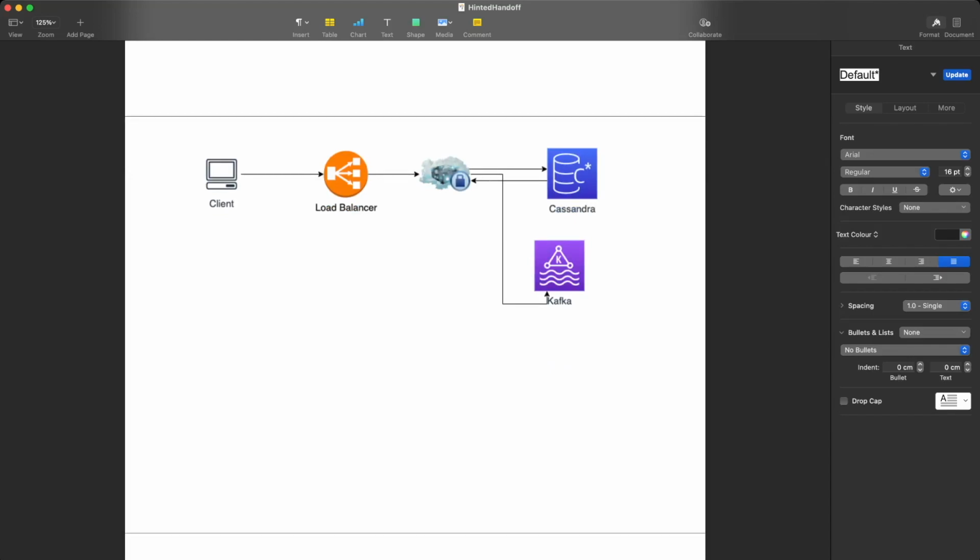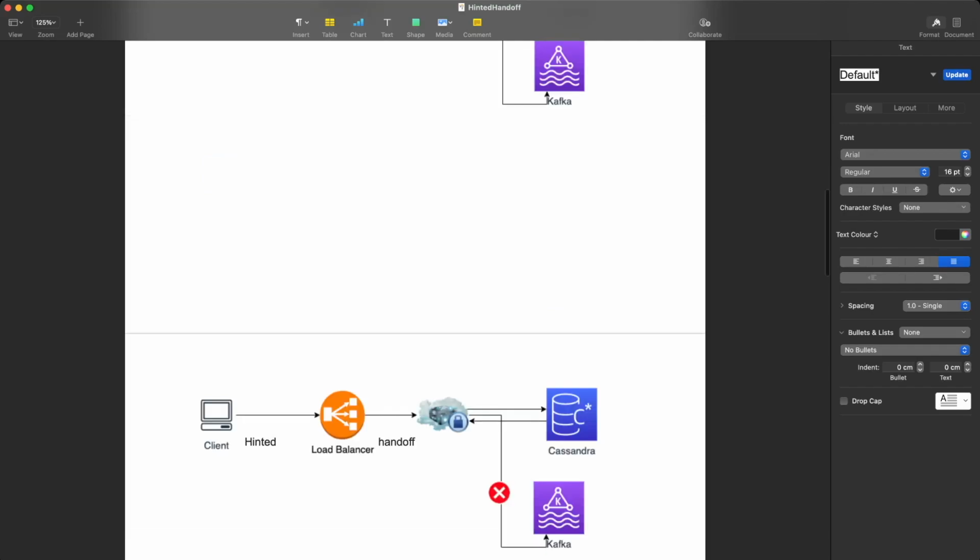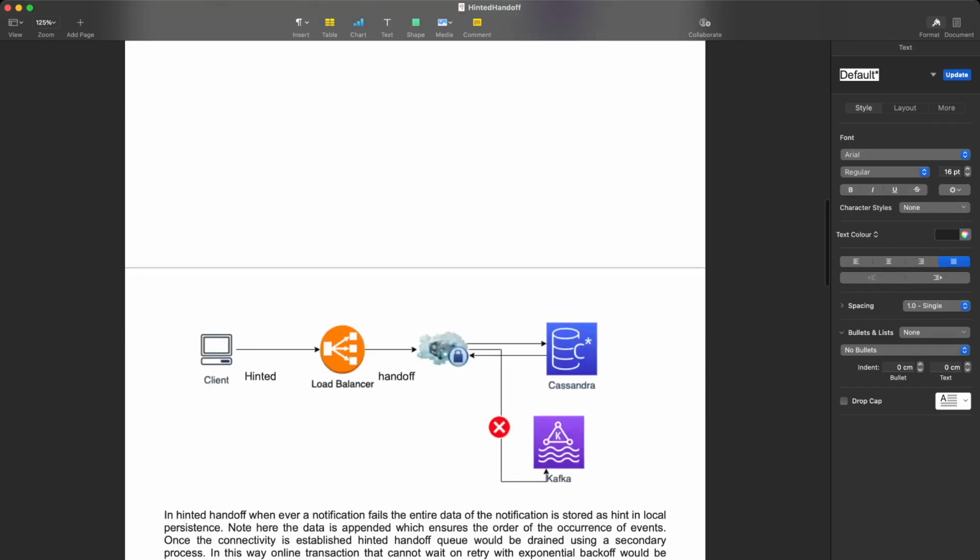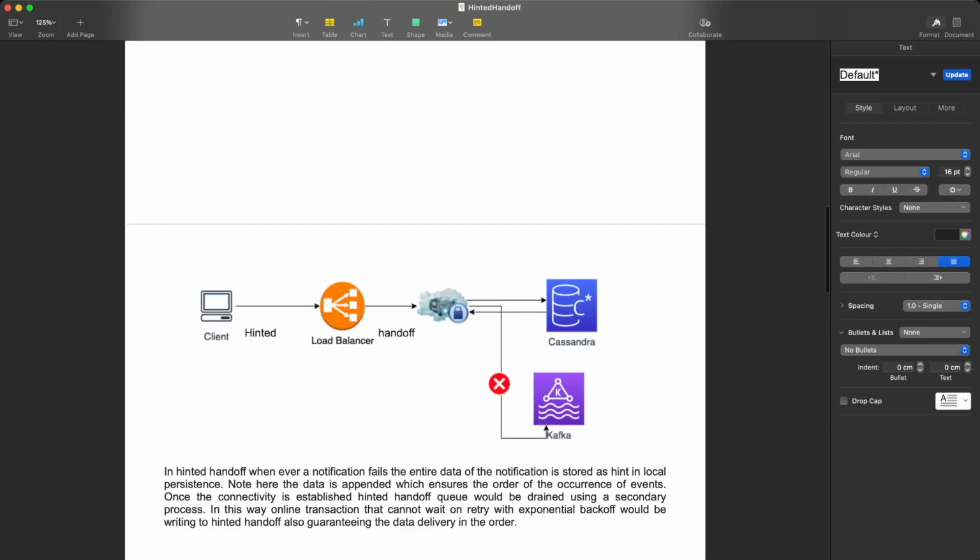So where may the failure happen? We need to understand. I have written successfully to Cassandra. The client sends the data to the server, and the system tries to write to the database. After it has written to the database, I am not able to communicate with Kafka or the event system on a transient basis.